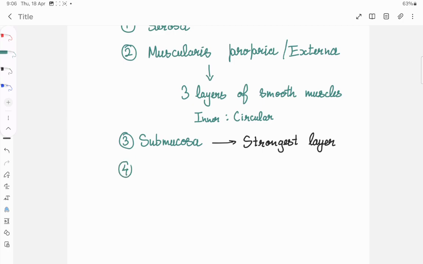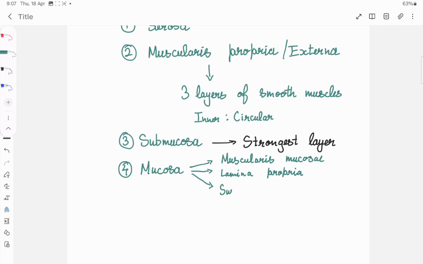And on the innermost surface we have mucosa. Mucosa is also subdivided into 3 parts. We have muscularis mucosae, lamina propria, and the surface epithelium.